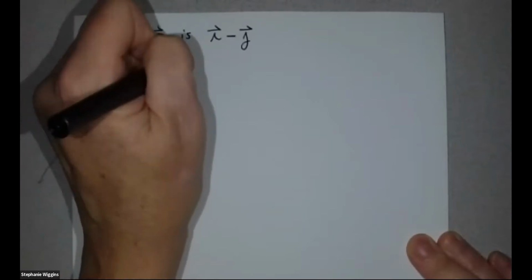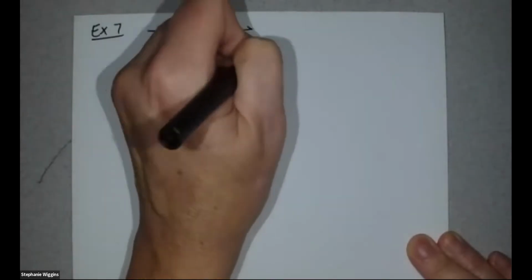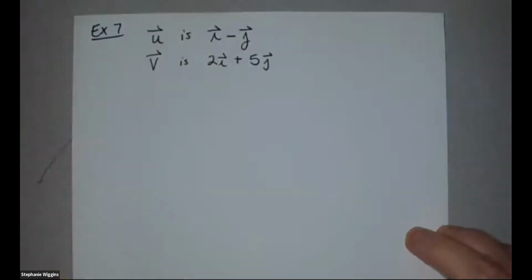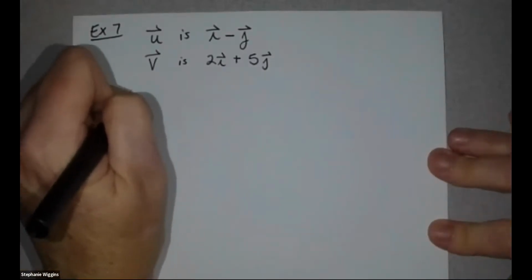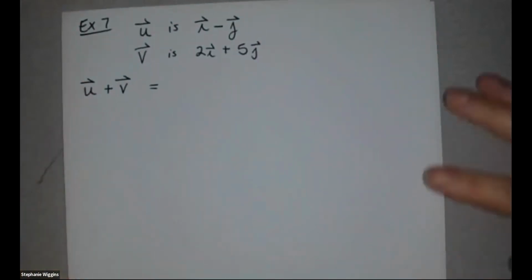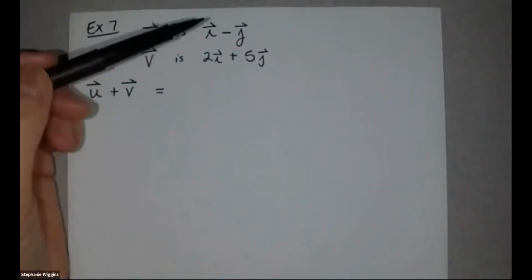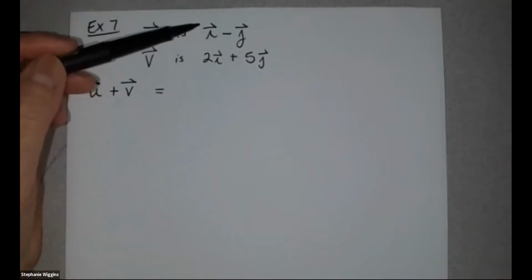So we're given that u is i minus j, and v is 2i plus 5j. So if we want to find u plus v, you just take the i scalars and the j scalars and add them. Here, this is understood to be 1.